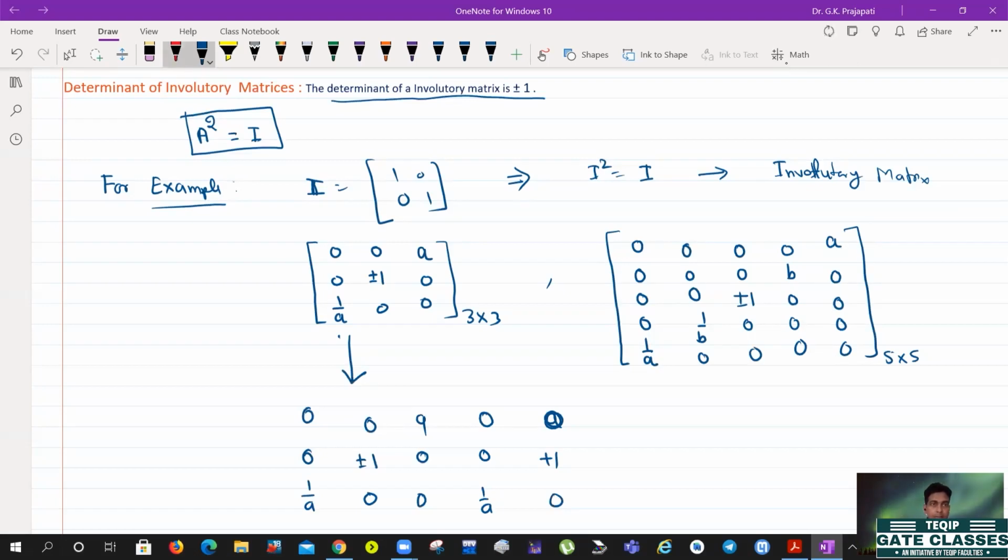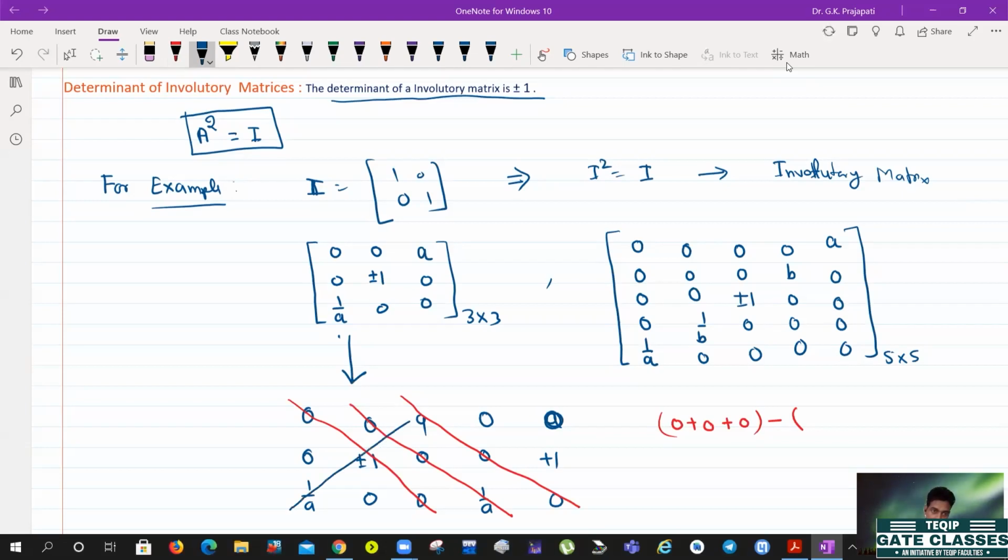Now you can find its determinant by taking the diagonal product of the elements of this diagonal, that is 0, plus the product of the elements of this diagonal, that is again 0, plus the product of elements of this diagonal, this will be again 0, minus the product of the lower diagonal elements, that is 1 by a, plus minus 1, into a, that is plus minus 1.